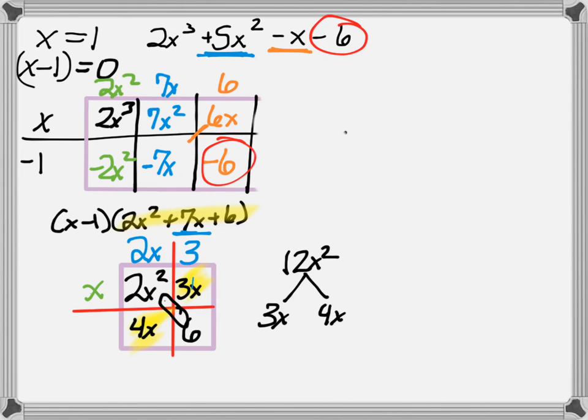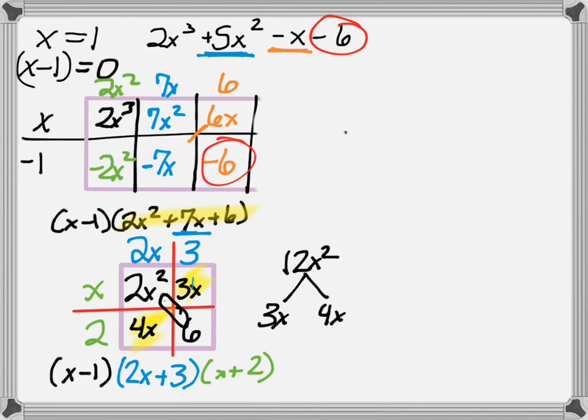And my last row, 2. So that gives us x minus 1, 2x plus 3, and the last one being x plus 2. So if it asked us to factor it, this is where I would stop.